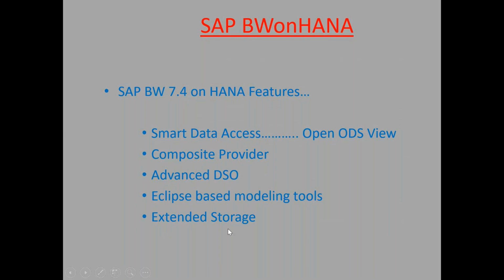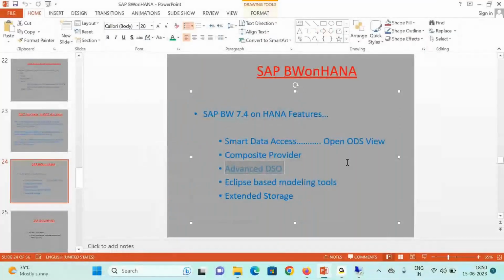And we have something called extended tables. The extended table was also introduced to maintain data at a secondary level, which is technically based on IQ technology. These are the new editions which were released in version 7.4.